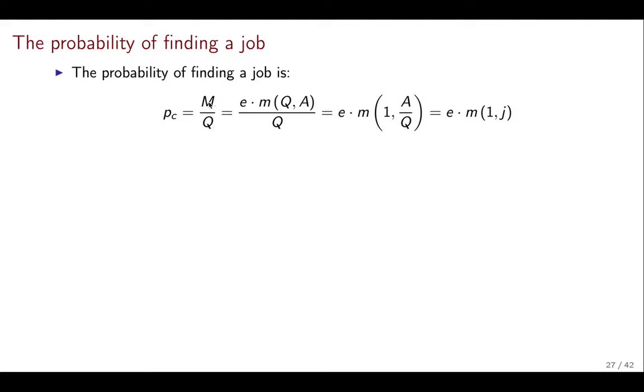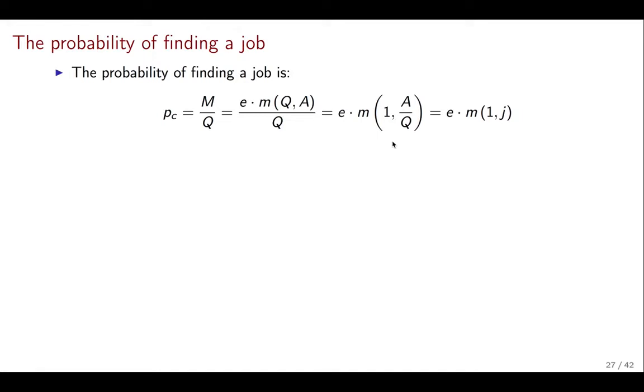Then we can replace M with its definition as the efficiency times the matching function. But because the matching function has constant returns to scale, then multiplying the matching function by 1 over Q is the same thing as multiplying each of the arguments of the function by 1 over Q.